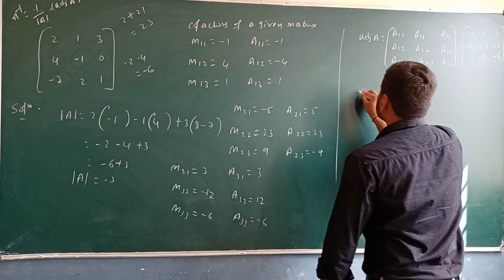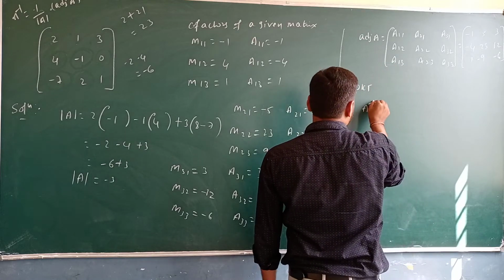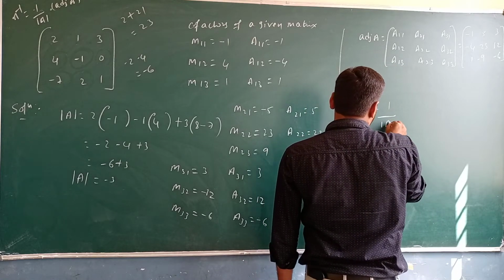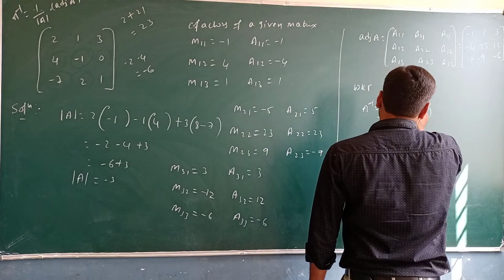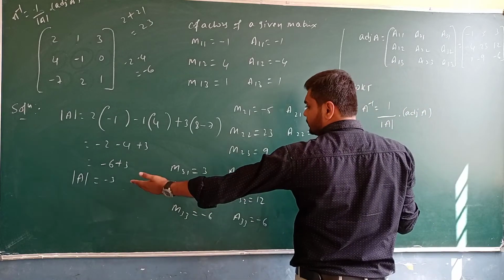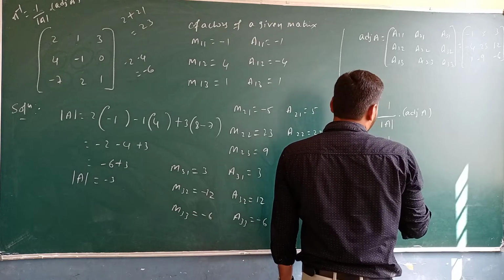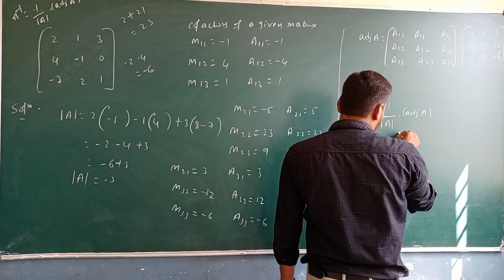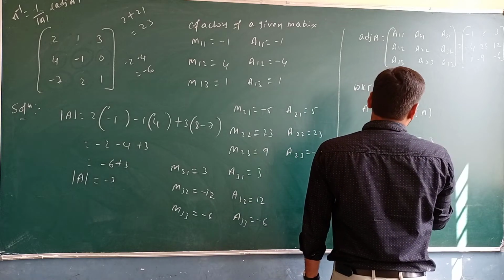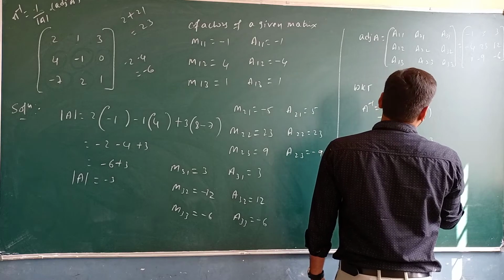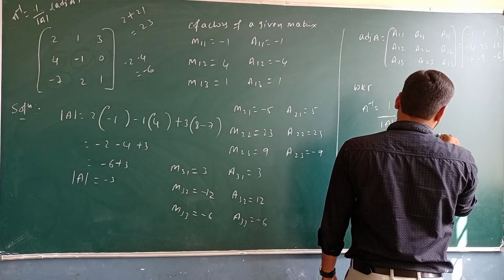Then we know that the inverse of the given matrix A inverse is equal to 1 divided by determinant of A into adjoint of A. The determinant of A is equal to minus 3, so it's 1 divided by minus 3 into adjoint of A.